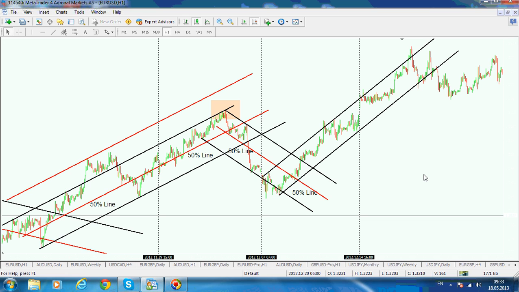And as you can see, the principle of support and resistances and the tendency to attract of this line is being respected here. So true.